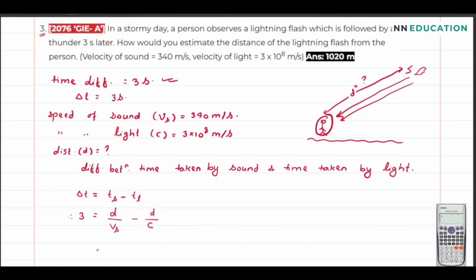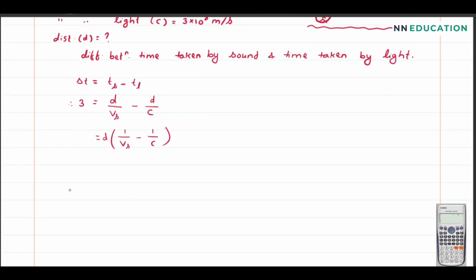Now let's take d common. You will get 1 by Vs minus 1 by c. So 3 equals d times (1 by Vs, which is 340, minus 1 by c, which is 3 into 10 to the power 8).